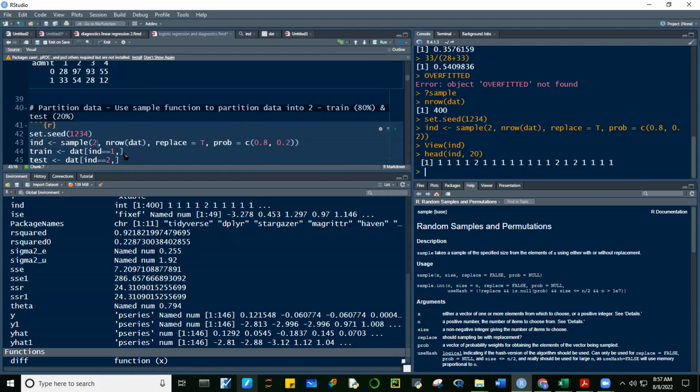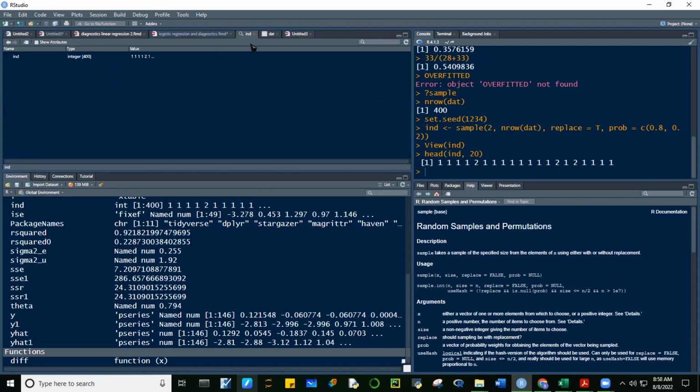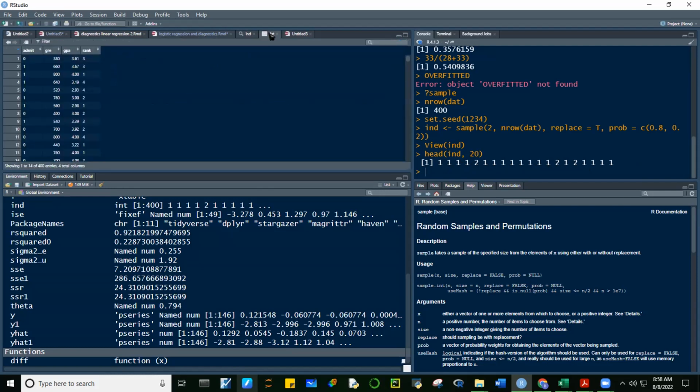Then let's go here now. Let's create this object called train and test. Ang laman ni train kasi ito si dot, di ba? So what happened here was si dot, it was split into 2. May mga 1 dito.